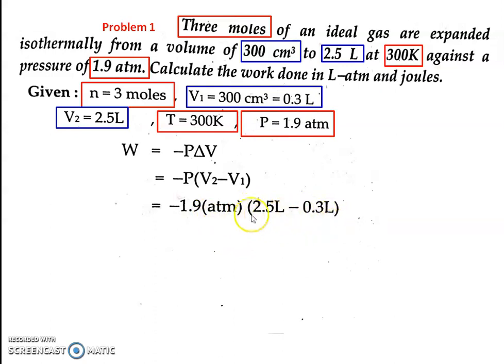2.5 is the final volume and 0.3 is the initial volume. So it is equal to minus 1.9 into 2.2. When we subtract 0.3 from 2.5, we get 2.2.